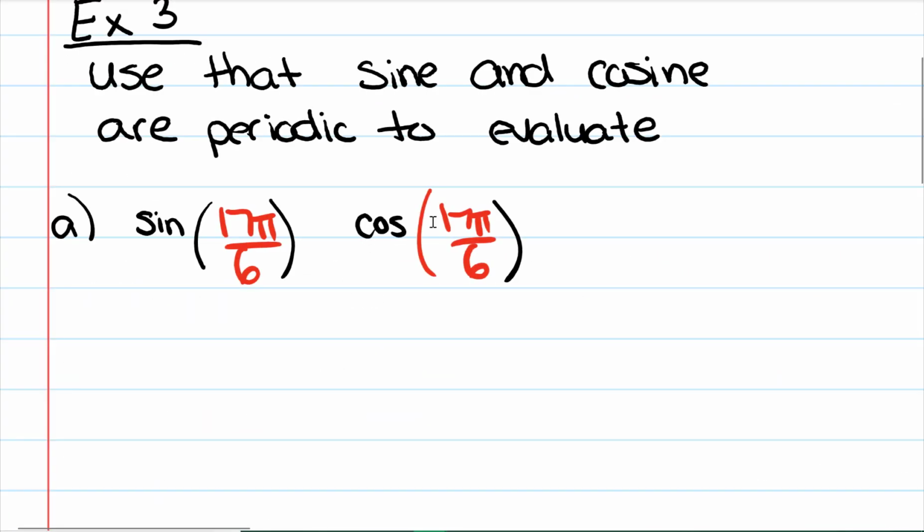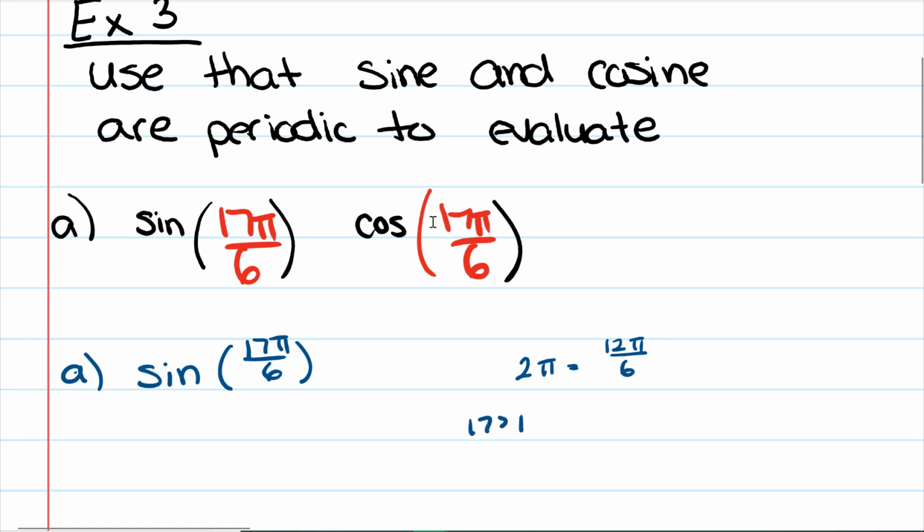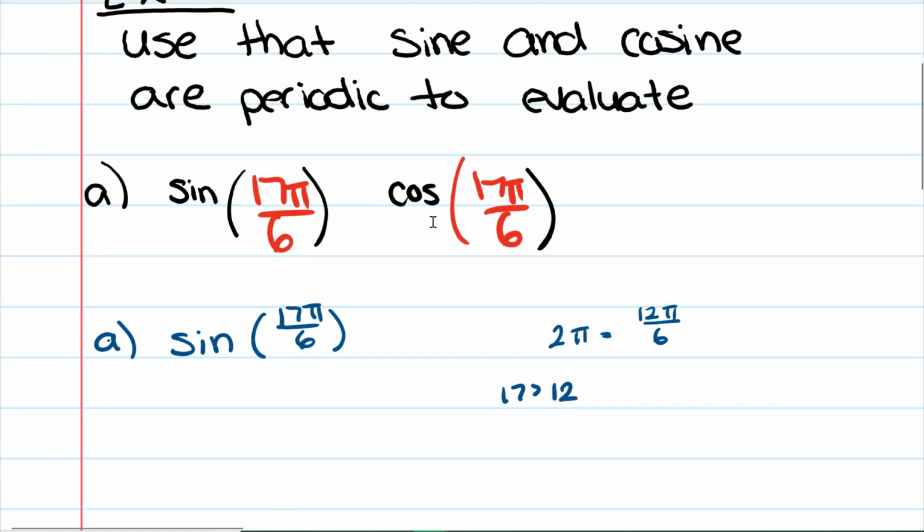So starting with part A, we're going to find sine of 17 pi over 6. The really easy way to tell if something is between 0 and 2 pi or not is to double the denominator. Because 2 pi, if I want it over 6, is going to be 12 pi over 6. So I see that 17 is larger than 12, so I know that 17 pi over 6 is larger than 2 pi.